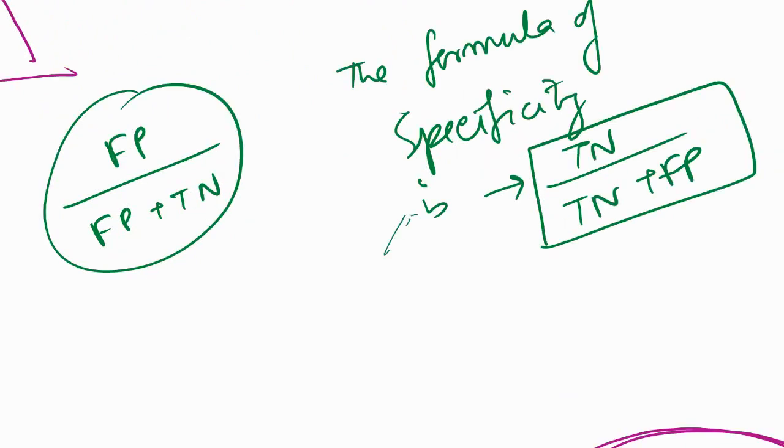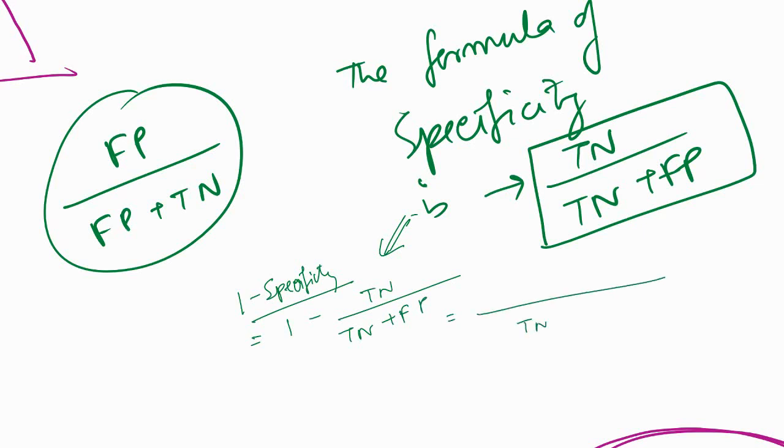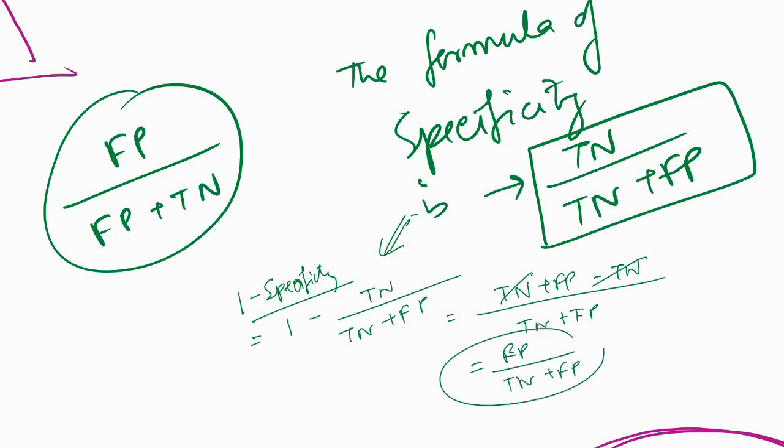Now 1 minus specificity is equal to 1 minus true negative by true negative plus false positive, which equals true negative plus false positive minus true negative, that is false positive by true negative plus false positive. That's it.